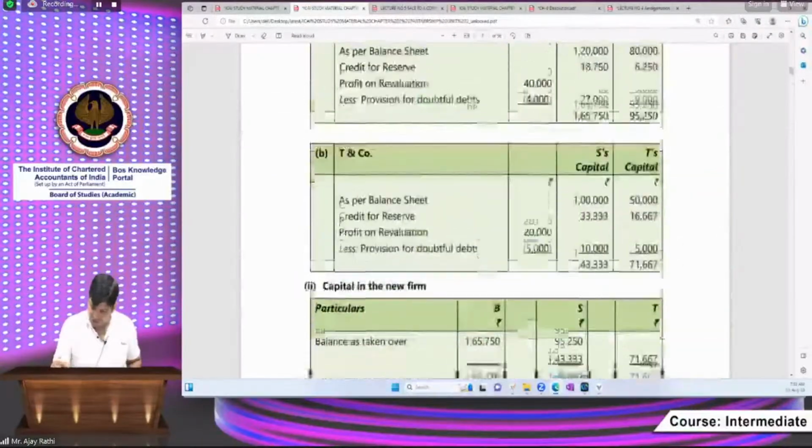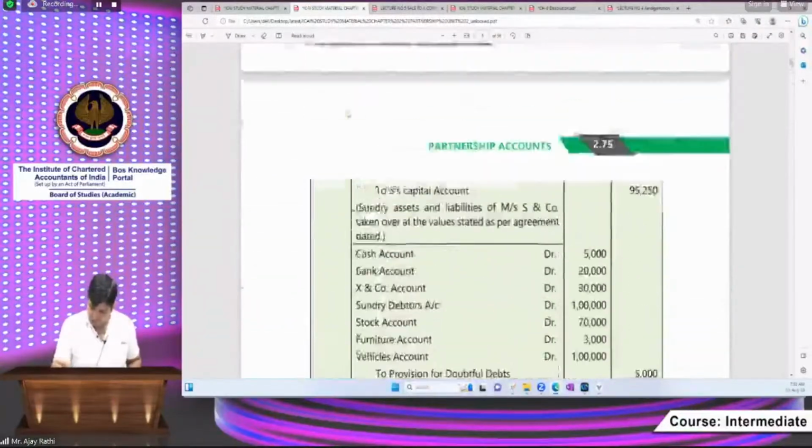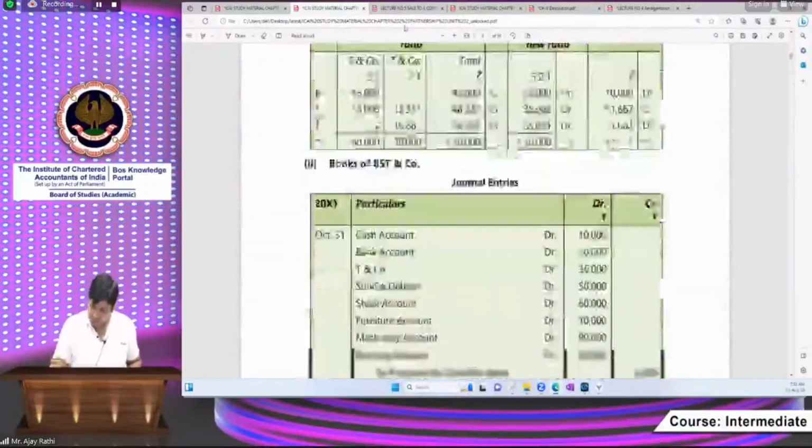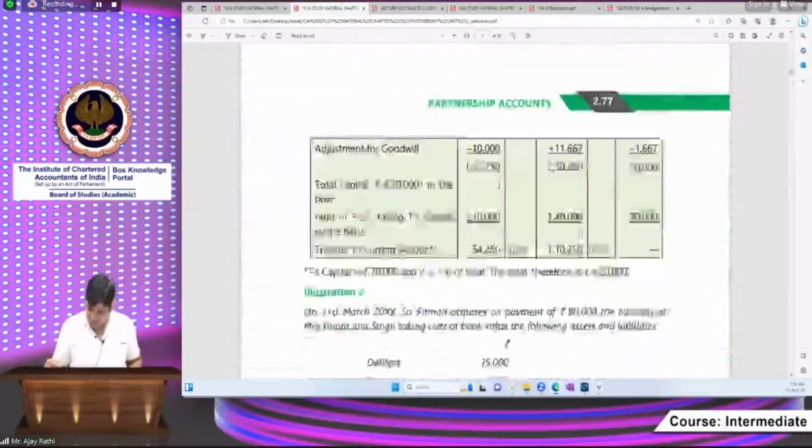This is illustration number 1, and now illustration number 2 is coming.